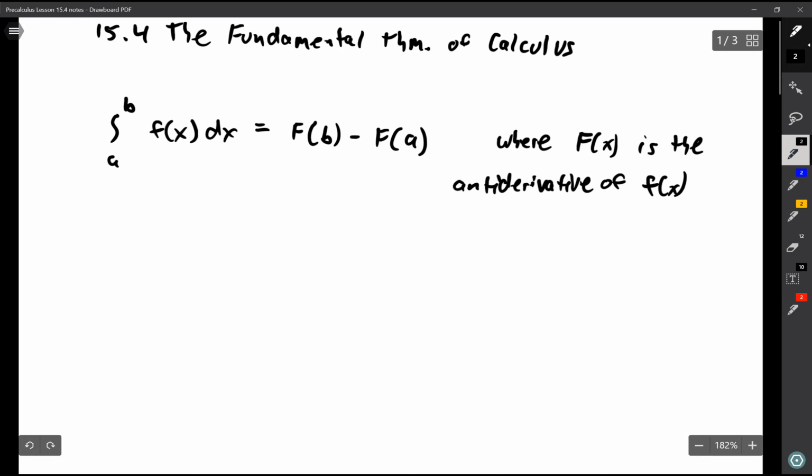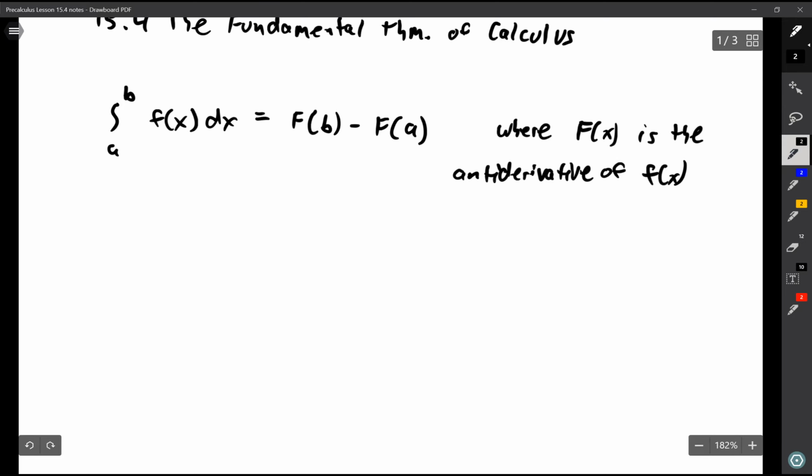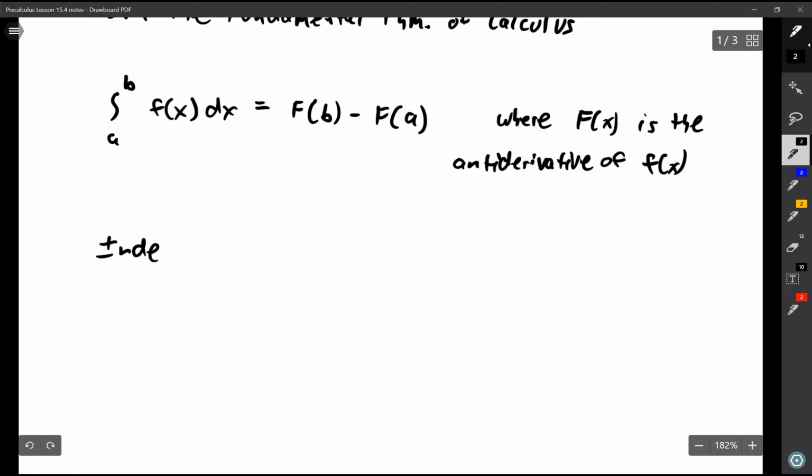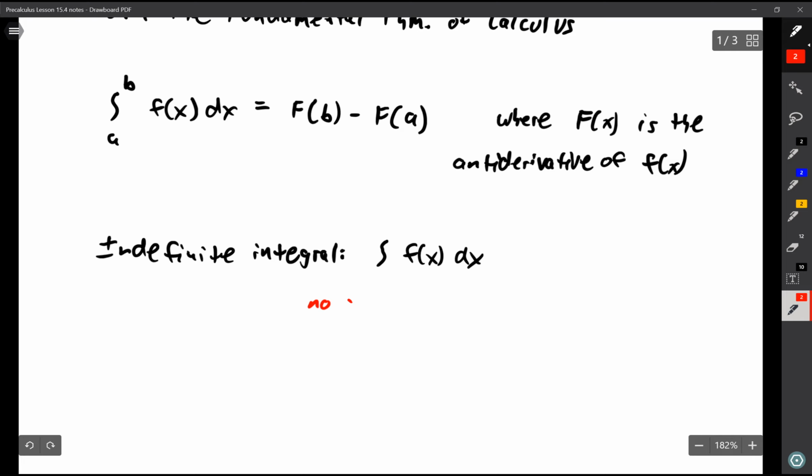And there are essentially two different ways of categorizing integrals: indefinite versus definite integrals. An indefinite integral would look like the integral of f of x dx. Notice there's no a or b. And what is that? That is just capital F of x. It is the antiderivative.